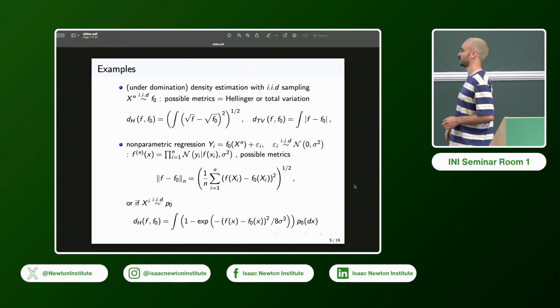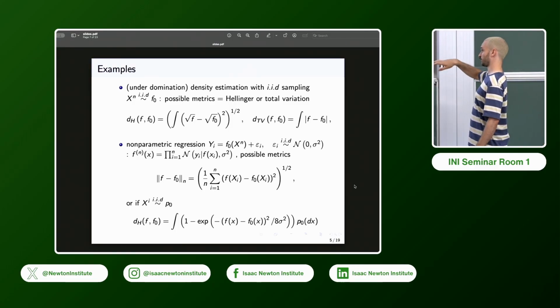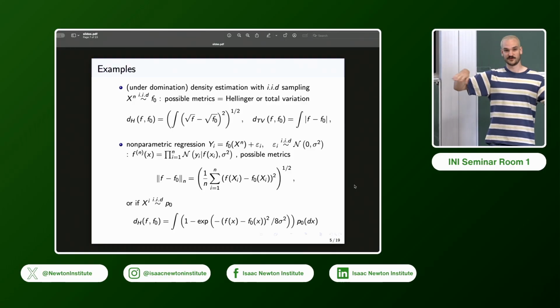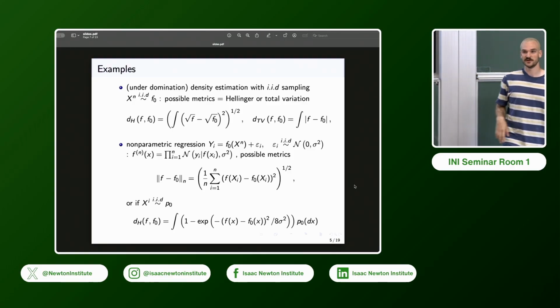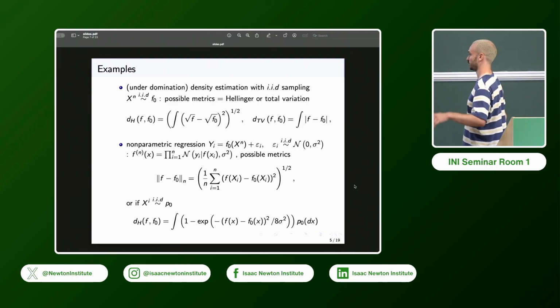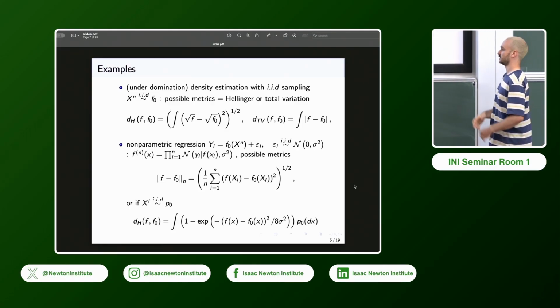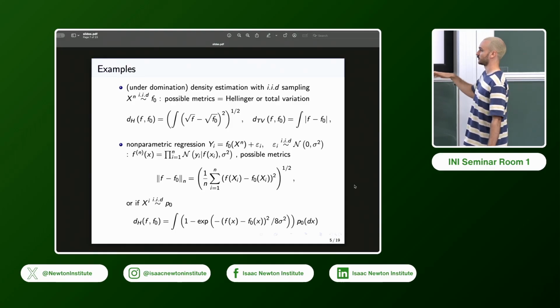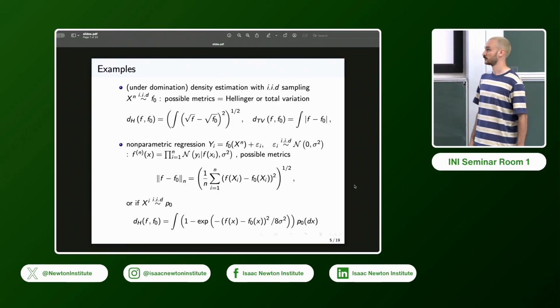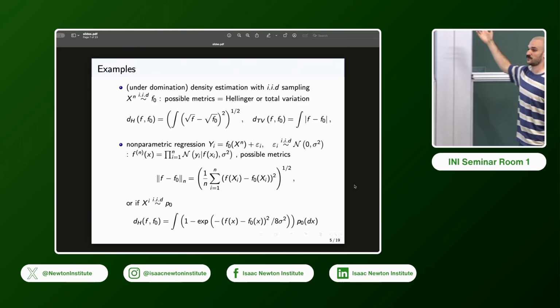If f minus f_0 takes a super large value, then the exponential goes to 0, and then the whole error goes to 1, basically. So you're not really seeing the high discrepancies. But around 0, it's comparable to a quadratic, so you have something that's more or less like an L2 norm.